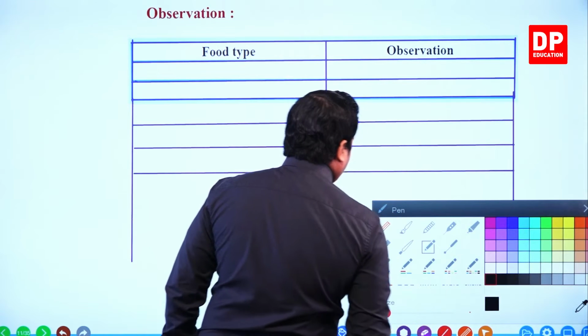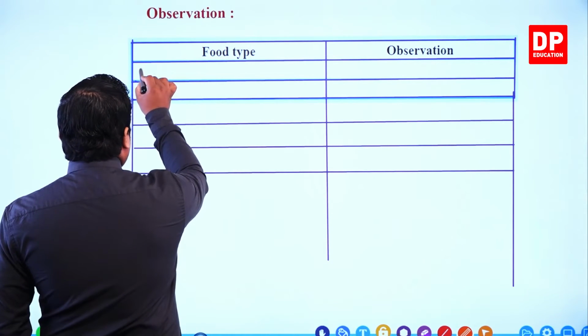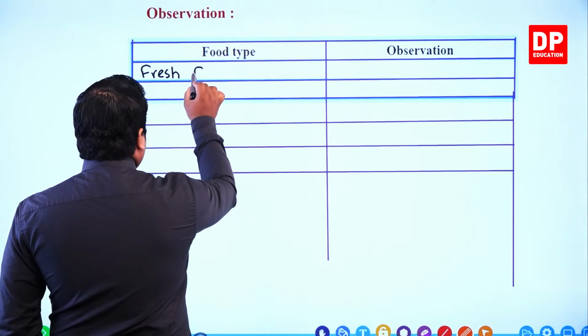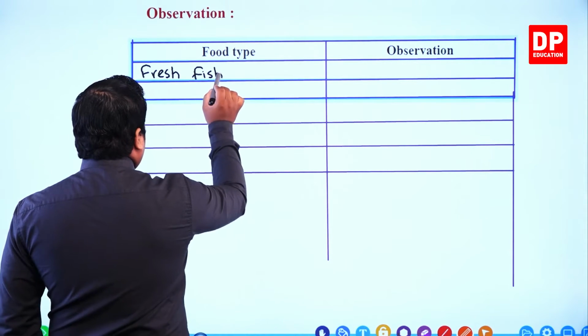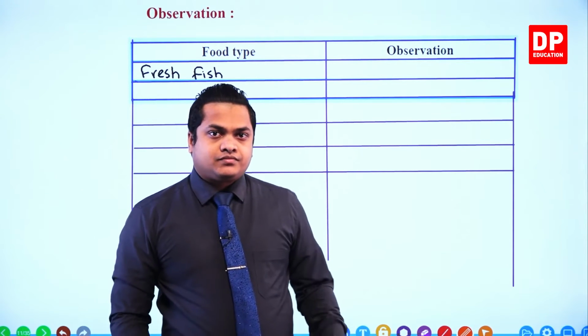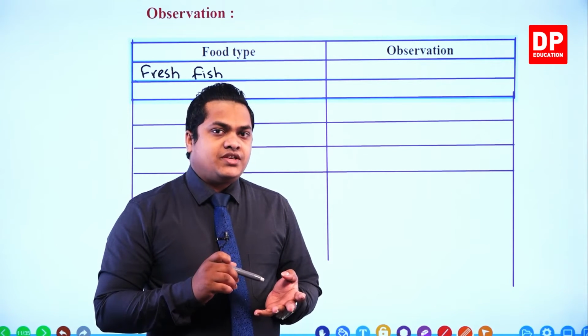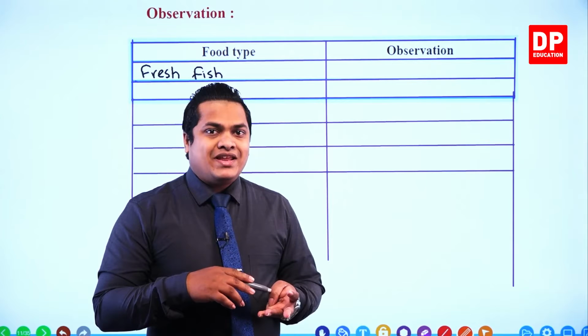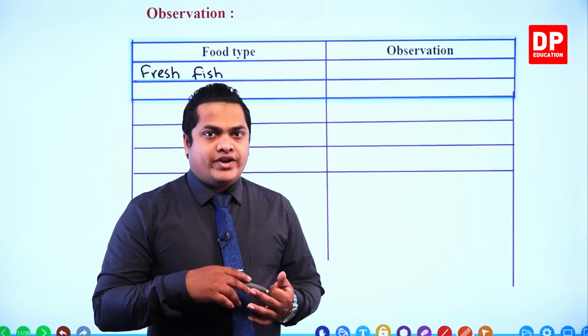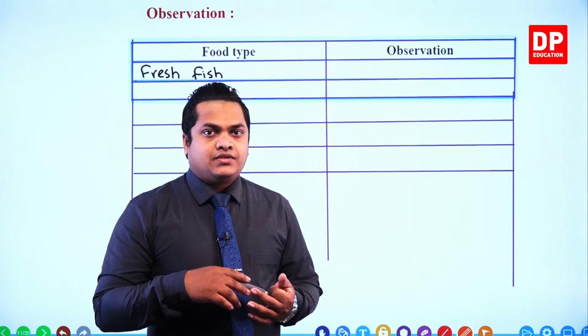Okay, first of all, we'll take fresh fish. Fresh fish. What is the observation? Observation is quite simple. Slimy nature can be observed, right? Slimy nature. Then bad odor can be observed.